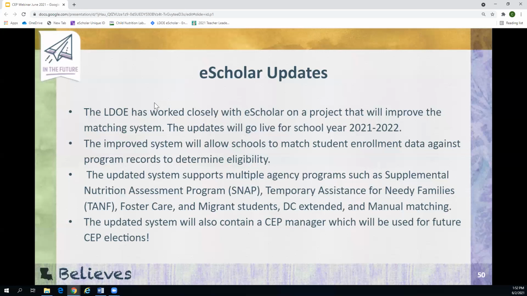And so it's going to be a single source of truth. So you won't have to go track down the backup documentation to support this, because it will already be in the system and it will be gathered from another reliable source in the state database. So this is awesome. This is really, really great.